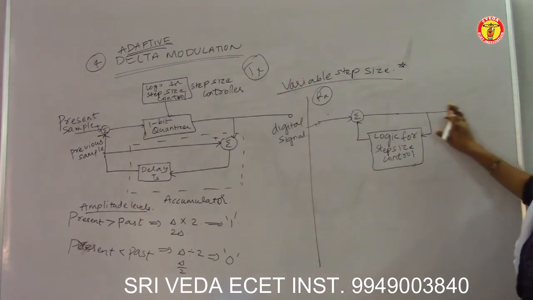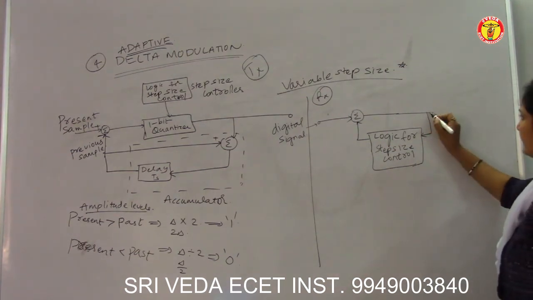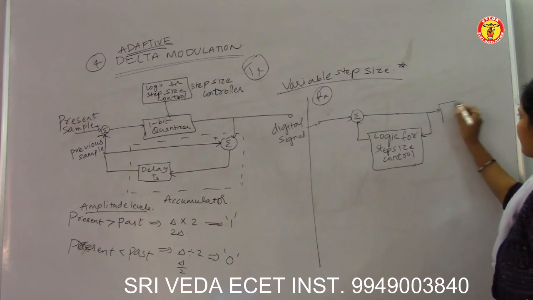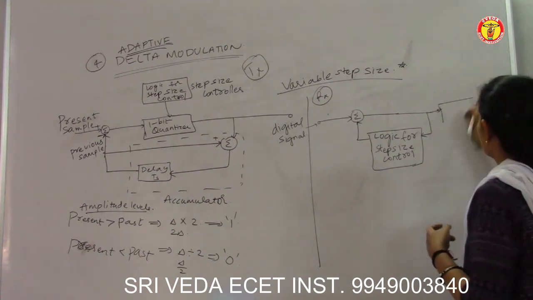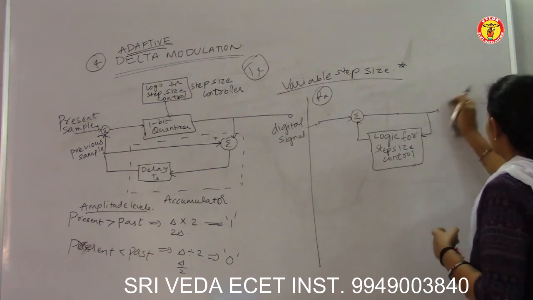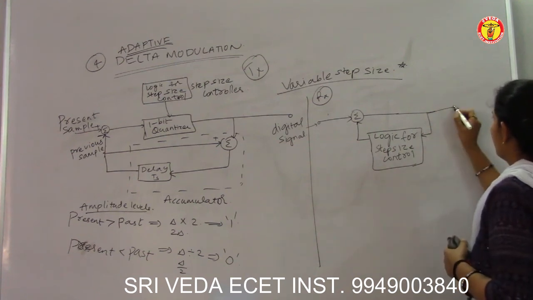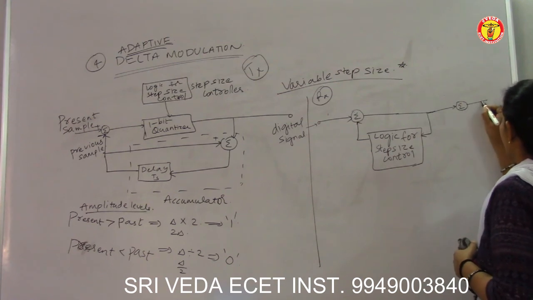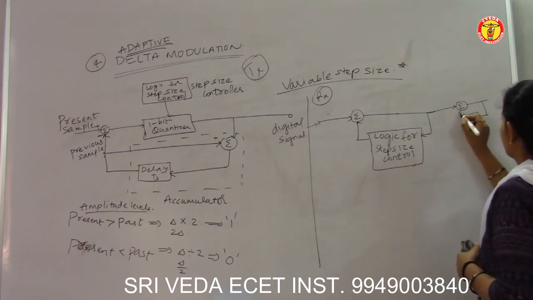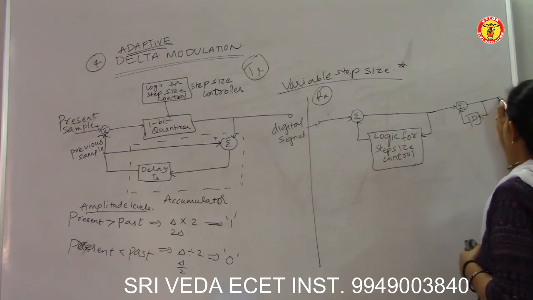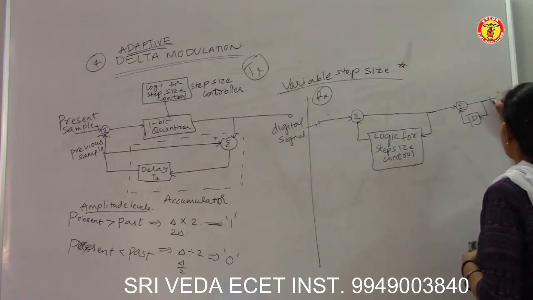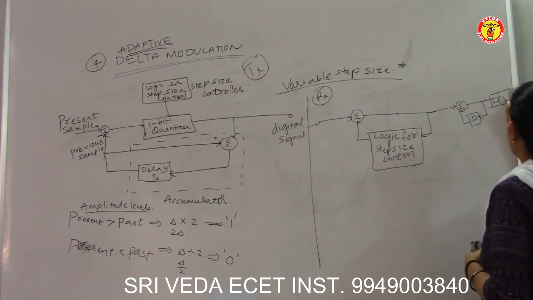From here it is given to a summer and there is a delay circuit here. After this, a low pass filter is used. This is my analog signal.